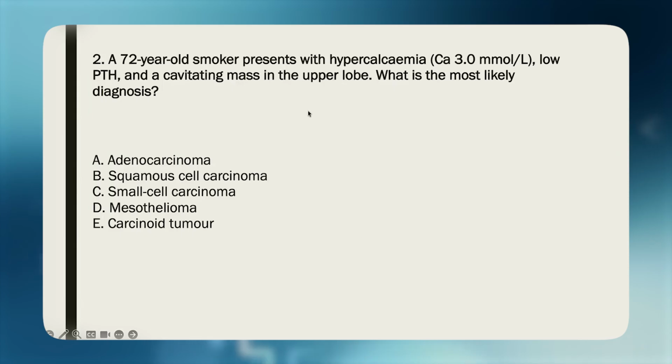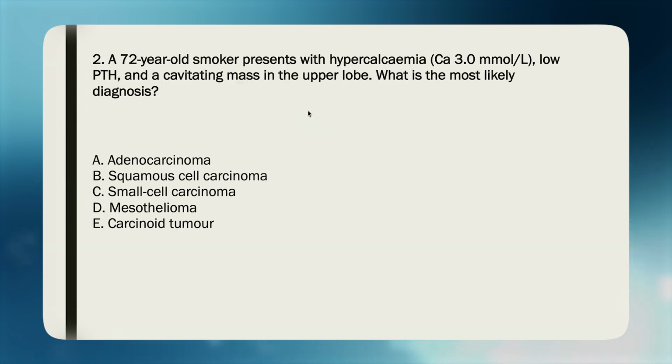So here you have to diagnose the type of the cancer and which kind of complication or associated paraneoplastic syndrome is present. Can it be adenocarcinoma? Generally, no. Could be squamous, could be small cell, one of the two, right? Mesothelioma doesn't fit in the picture.